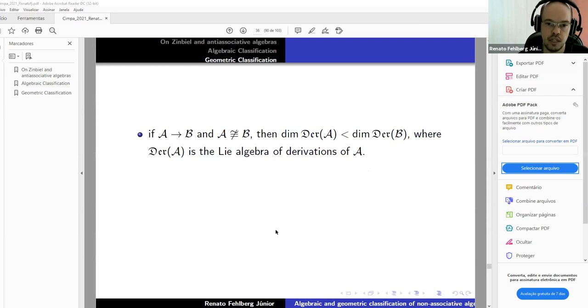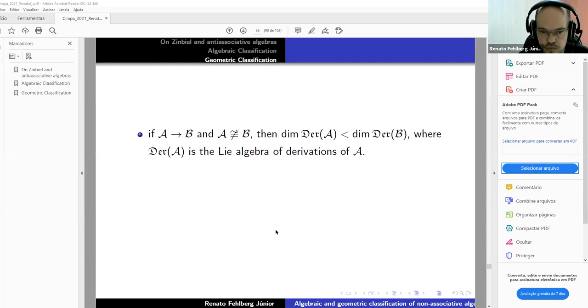Okay, so to obtain these irreducible components and also, of course, the rigid algebras, we'll check for all these algebras obtained in the algebraic classification if they degenerate or not to the other algebras.